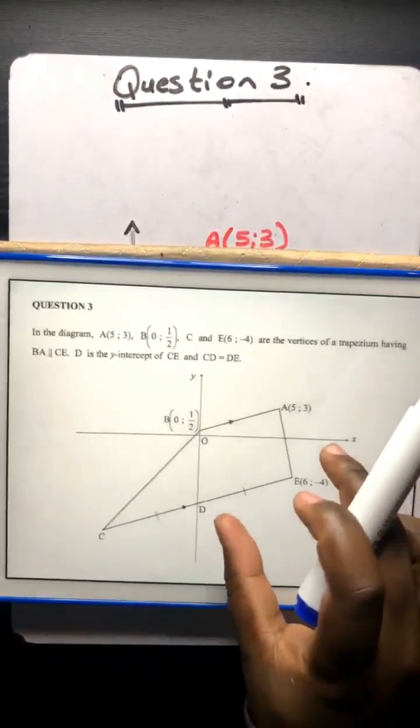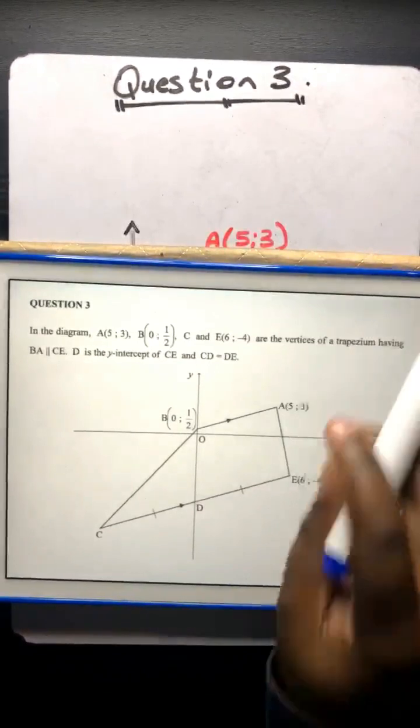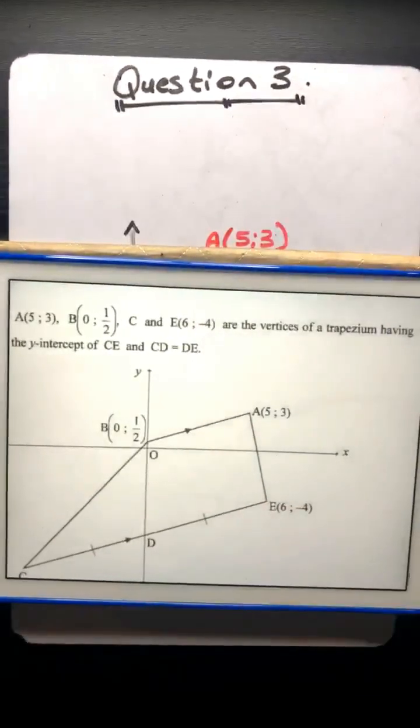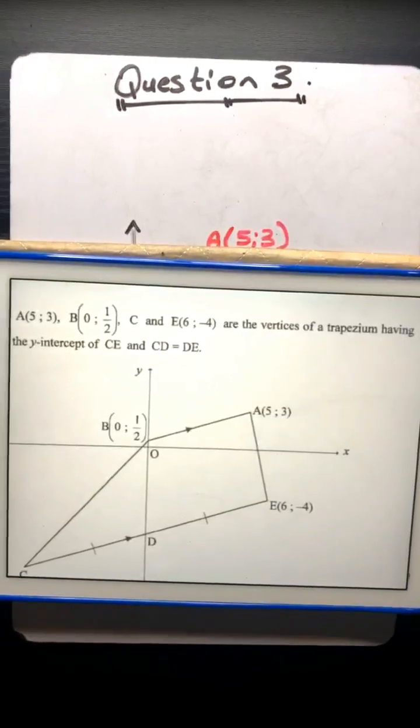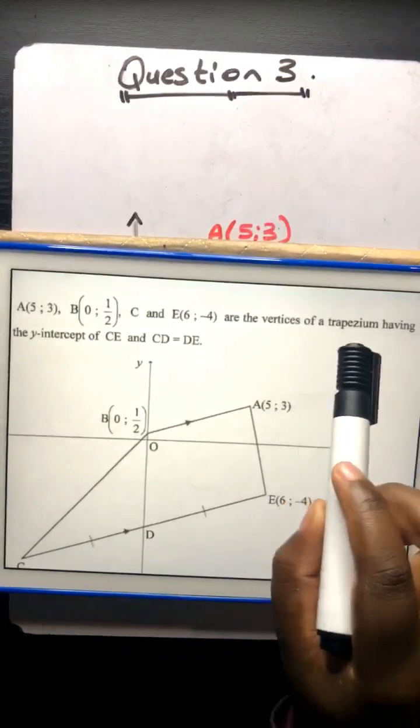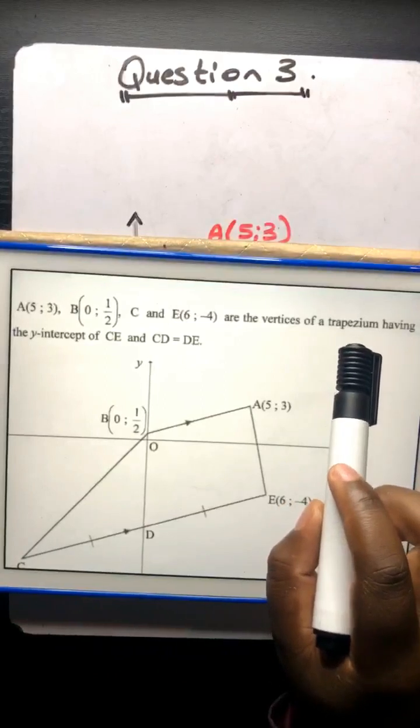They say these are the vertices. Most importantly, the word vertices simply refers to the corners. So just make sure that you don't get confused by the question itself. Vertices, the corners of a trapezium.